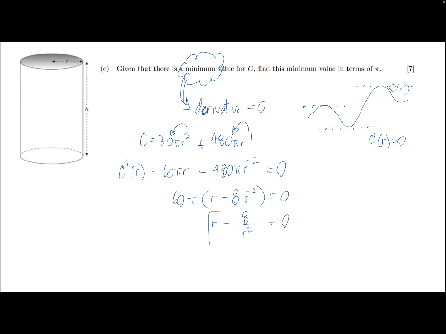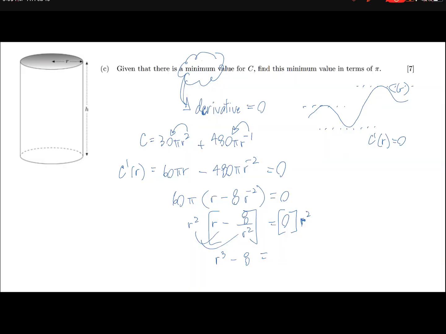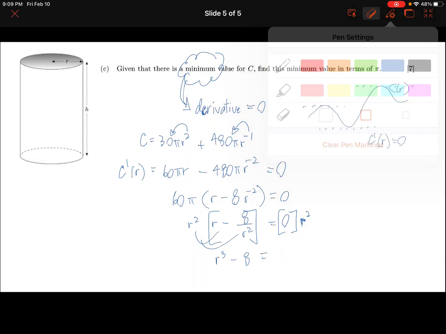And then multiply both sides by r squared to clear fractions. So when you do the distributive property, you're going to be left with r cubed minus 8, because the r squareds divide out, equals 0 times r squared. Basically, 0 times anything is going to be just 0.